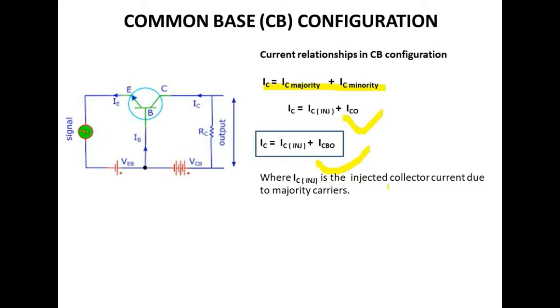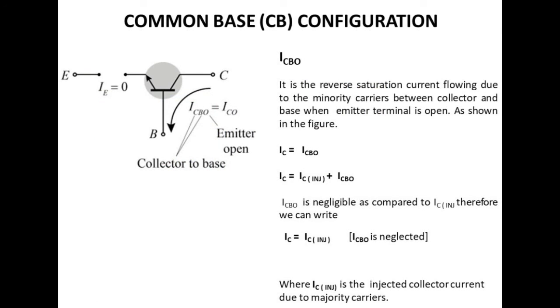IC injected is the injected collector current due to the majority current, and ICBO is the minority current flowing between collector and base with the emitter terminal open. Now this ICBO is a very important current, so let us study about ICBO somewhat separately.